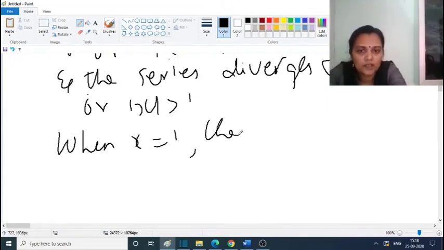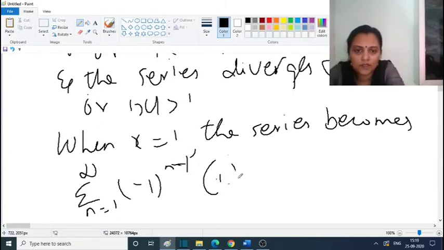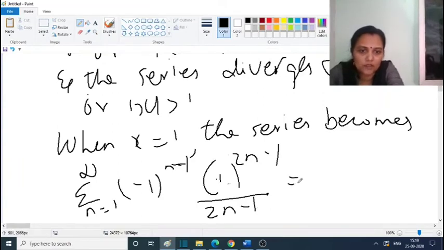When x equal to 1, the series becomes sigma n equal to 1 to infinity, minus 1 raised to n minus 1, 1 raised to 2n minus 1 by 2n minus 1. When n equal to 1, the numerator is minus 1 raised to 1 minus 1, which is 1, and 1 by 2 into 1 minus 1 becomes 1.